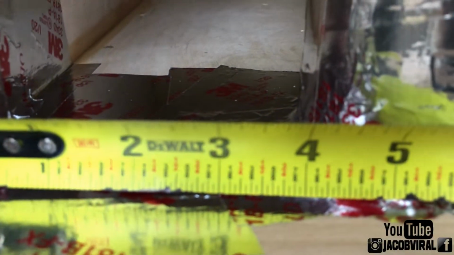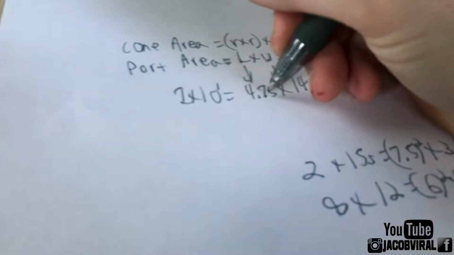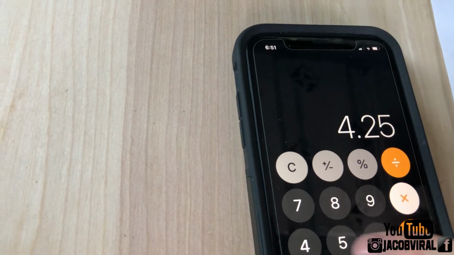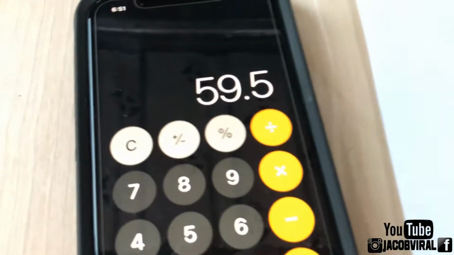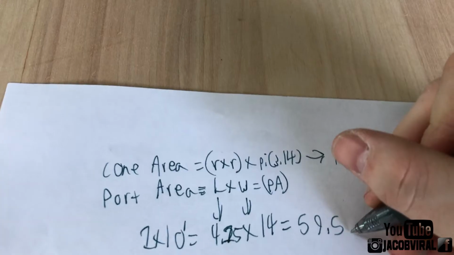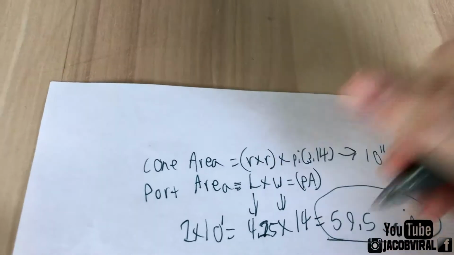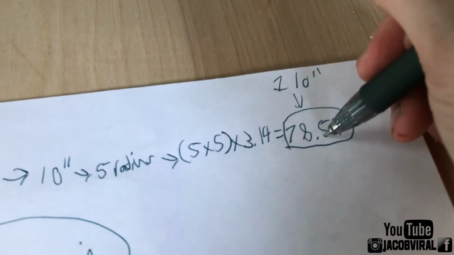Guys, I just got distracted. I'm sorry. It was 4.25, not 4.75. So let me just fix that real quick. 4.25 times 14 is 59.5. I thought that was a little high. So my port area is 59.5 for my 10, and my cone area is 78.54.